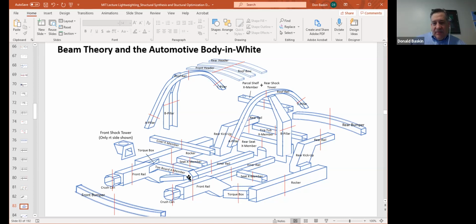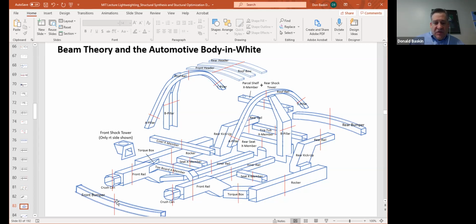There are structures behind the front rail here that feed the load further back into the chassis, the body structure. These are the rocker panels and the inner rails. In a good, well-designed body structure, there are what are called torque boxes, which are structures that feed the load from these front rails into the rocker and into the inner rails.